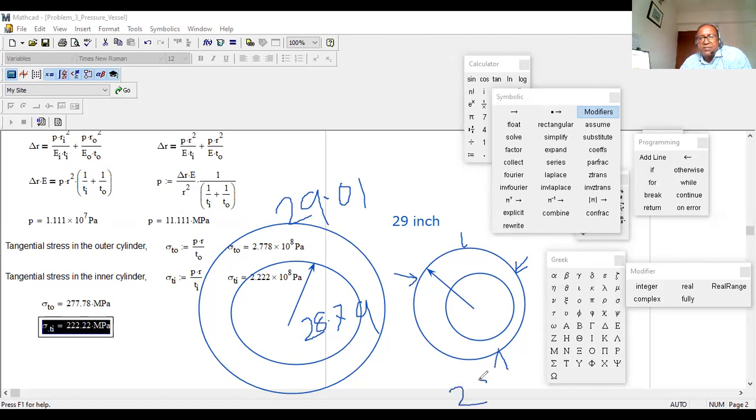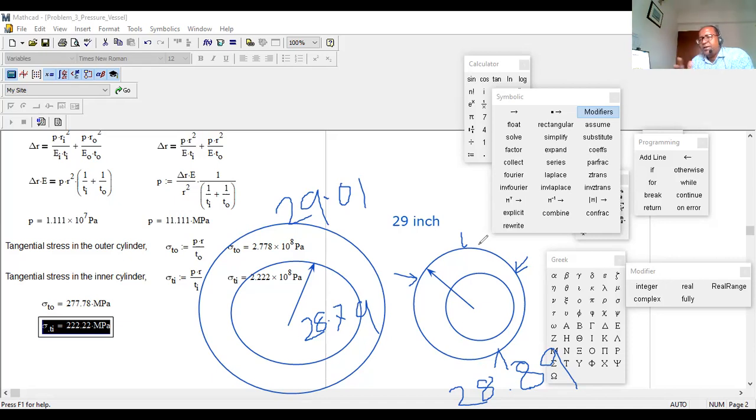Both radii come to 28.89. That means this one goes a little bit bigger and this one goes a little bit lower, that means shrinking.